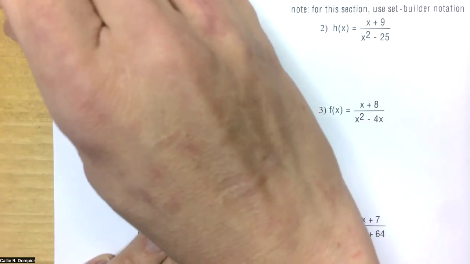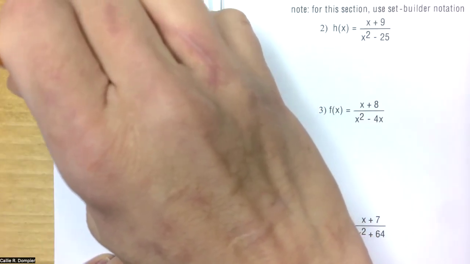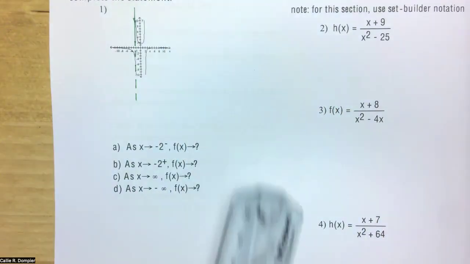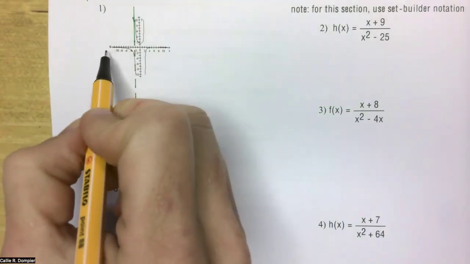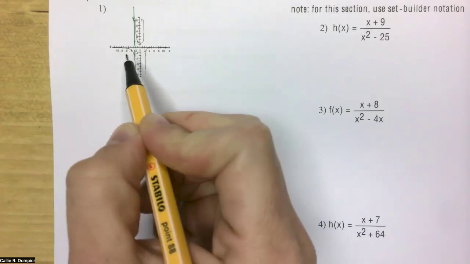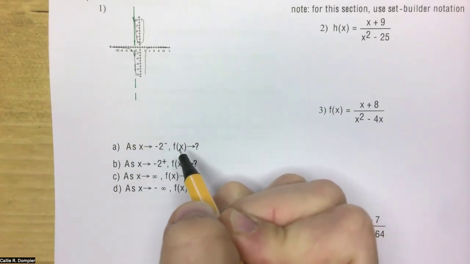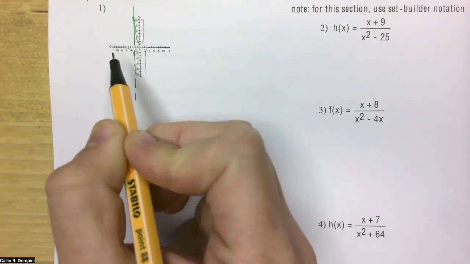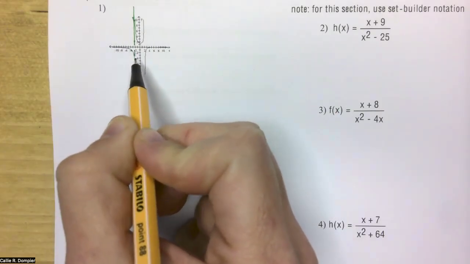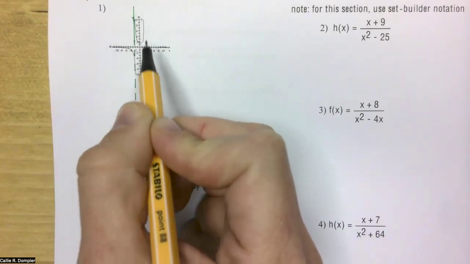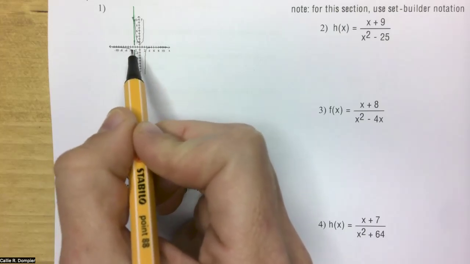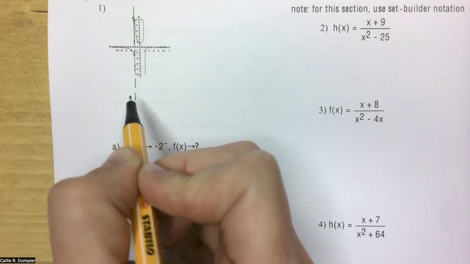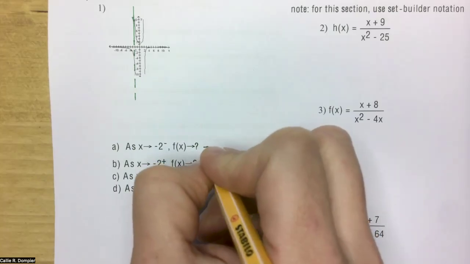Asymptotes are supposed to be dashed. As we approach -2 from the negative side, what is f of x, or what is y doing? So our y is this line. So as we approach -2 from the negative side, y is going towards -infinity.